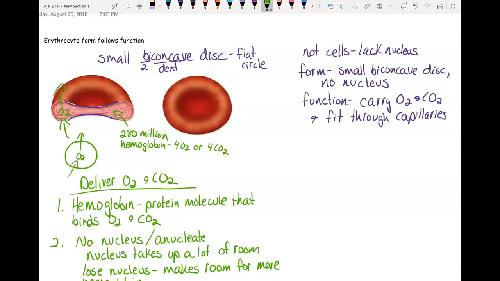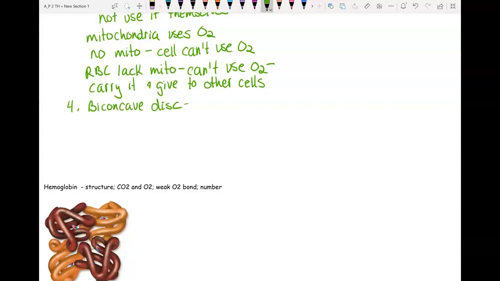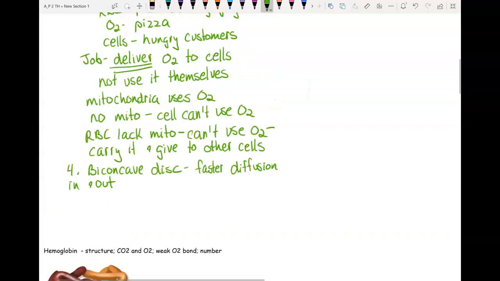By having this thin, flat cell, the oxygen doesn't have very far to get to a surface. There's always a surface to get in and out through nearby. So the biconcave disc allows for faster diffusion in and out, as opposed to if the cell were spherical.